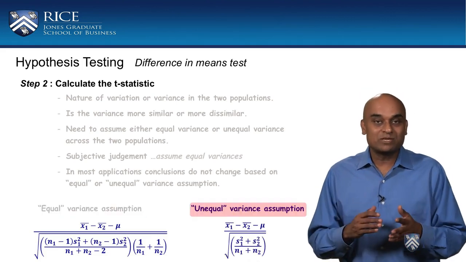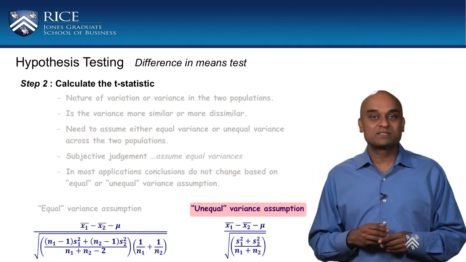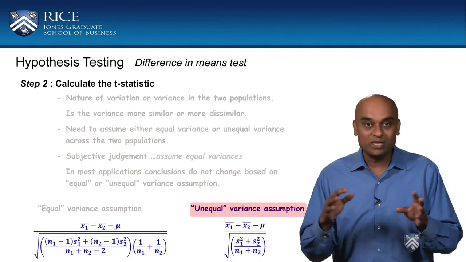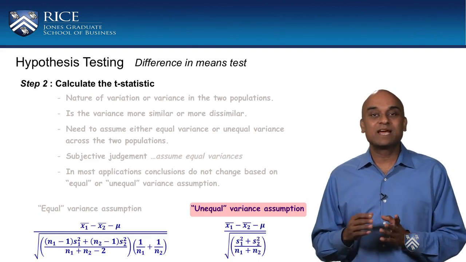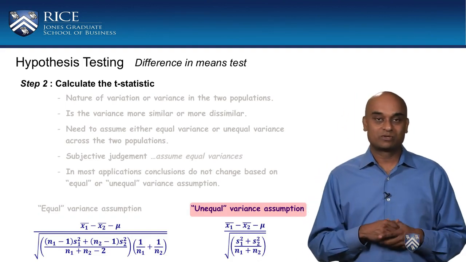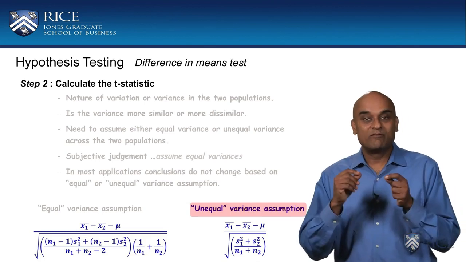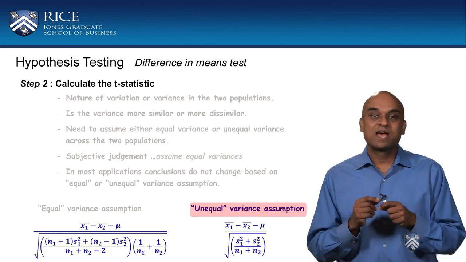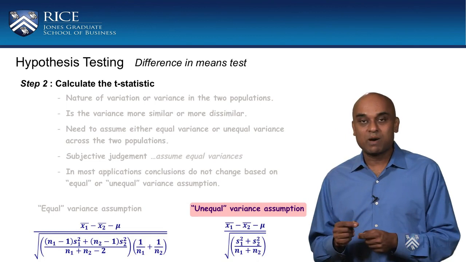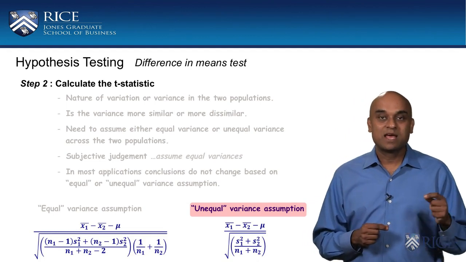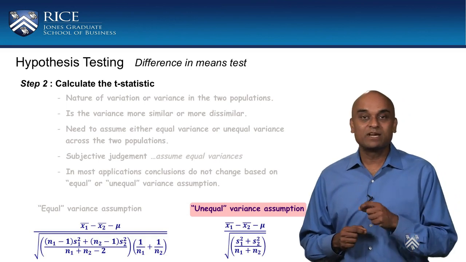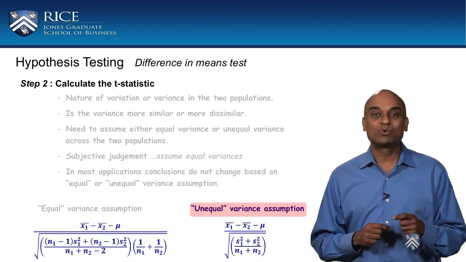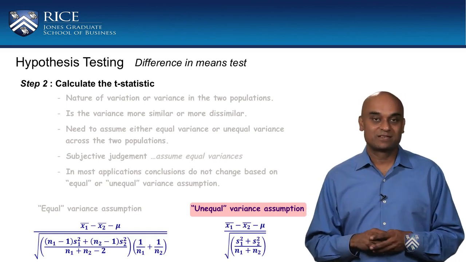When the assumption on the two population variances is that they are not equal, then the t statistic calculation takes a slightly different form as shown, where the various expressions such as x1 bar, x2 bar, s1, s2, n1 and n2 have similar interpretation as in the equal variance assumption case.